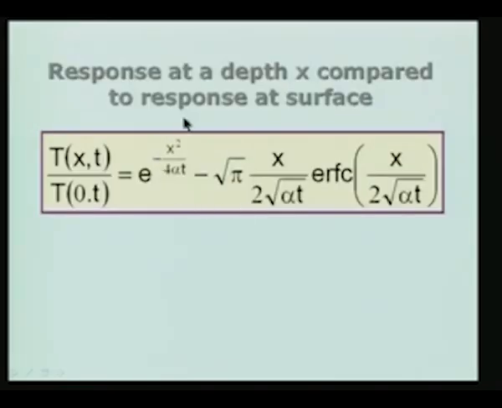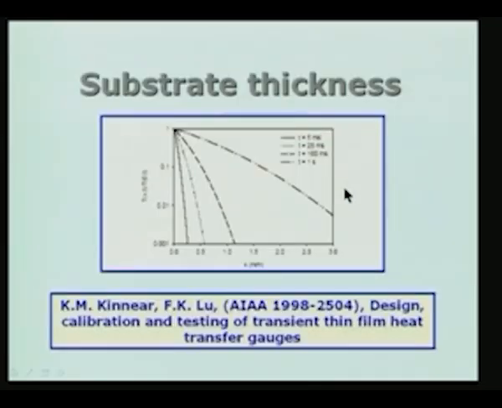And now if I compare the response at a depth compared to the response at the surface, I just have to take the ratio of the two quantities, and you will see that this is what is going to happen. And why this is important, we will see in a moment. It is useful in determining the substrate thickness. What is the thickness of the substrate required, given the properties of the substrate, such that we can assume the substrate to be a semi infinite solid?